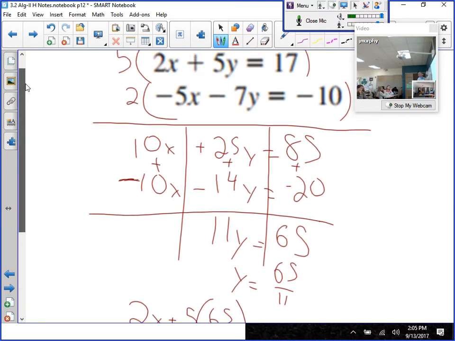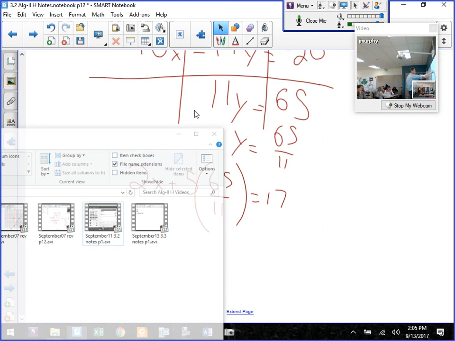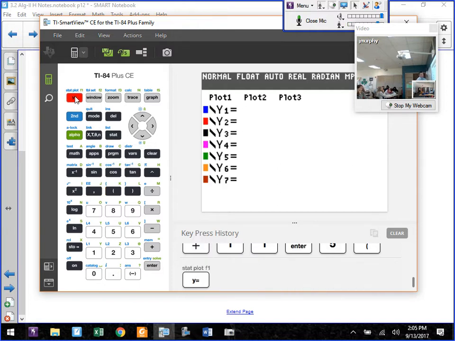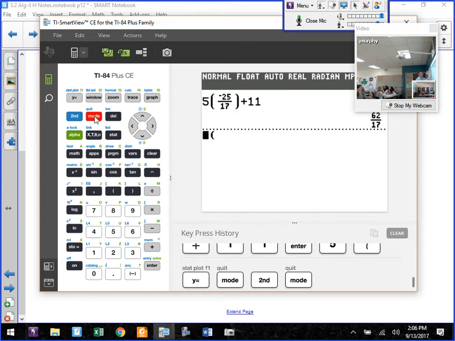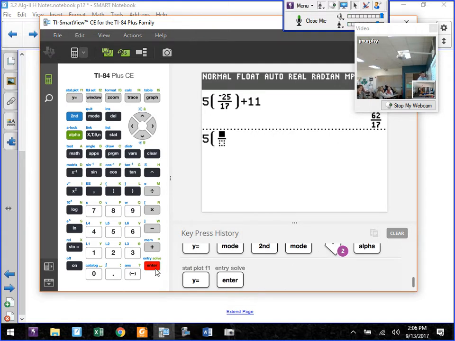That was the original. Now, remember, your calculators have a button, 5 parentheses, alpha y equals, then 65 over 11.